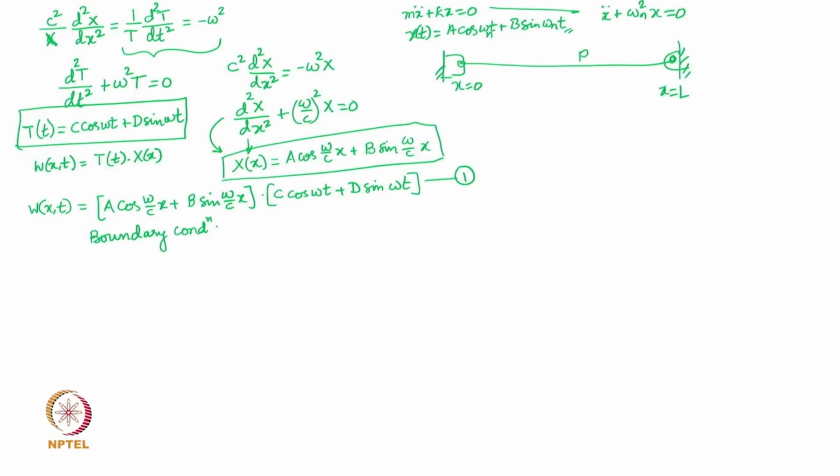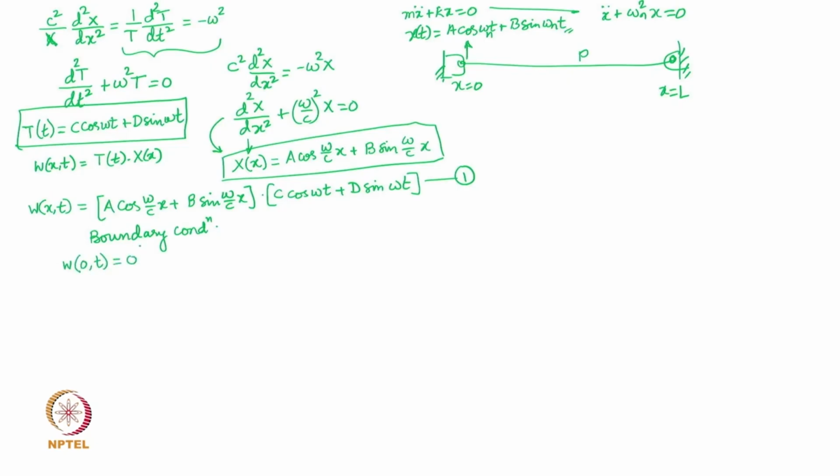What are the boundary conditions? Quite straightforward: the string being fixed against any motion along the lateral direction at both the ends, x equal to 0 and x equal to L, we write w at x equal to 0 at all times.